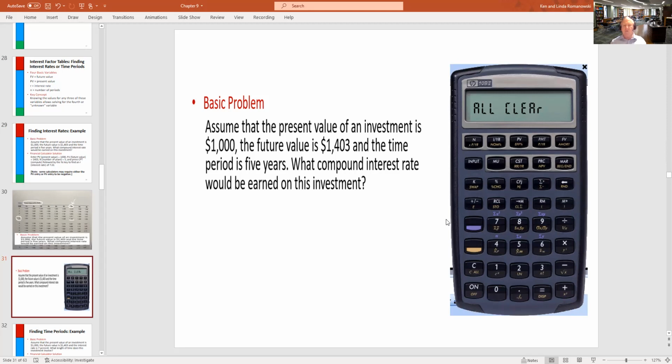So there you're going to enter 1403 and then hit the FV key. The period of time is 5 years, so we're going to hit the number 5 and then the letter N. The compound interest rate, you'll just hit the I/YR key, and that will give you 5. I'm sorry, no, that's 7% over 5 years.